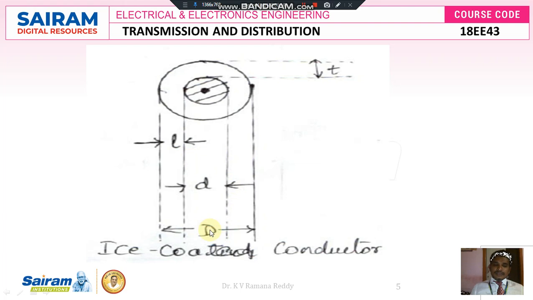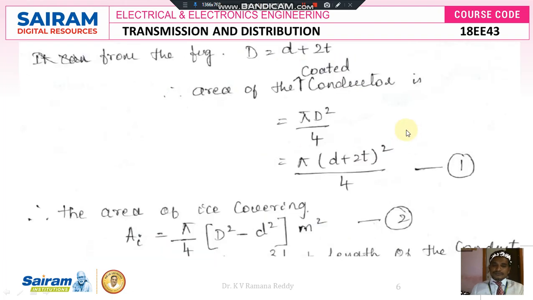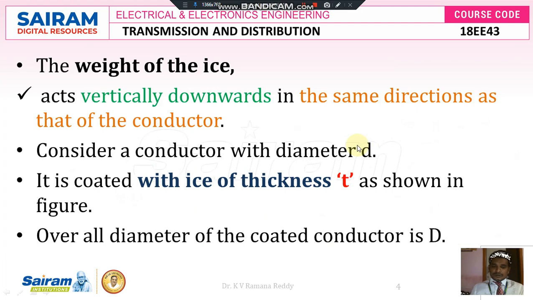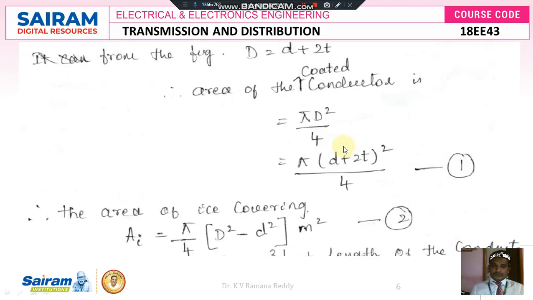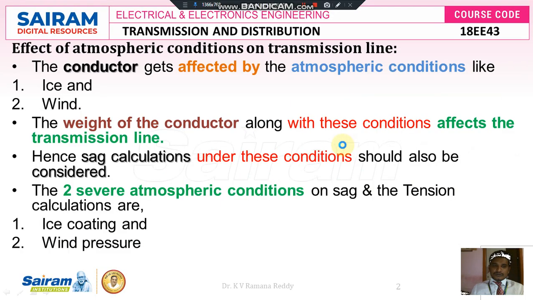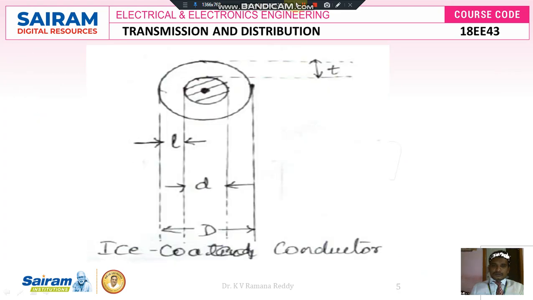Capital D is the overall diameter of the conductor along with the thickness of ice coating. Therefore capital D is equal to small d plus t plus t, so capital D is equal to small d plus 2t.